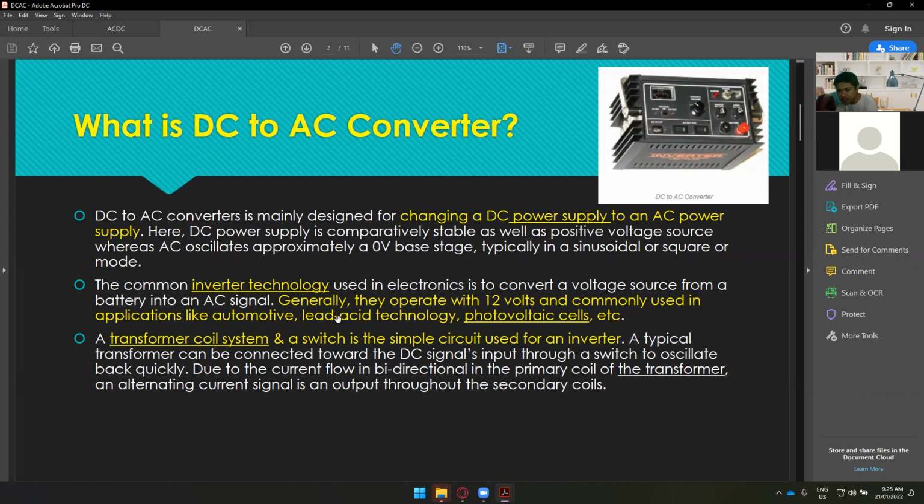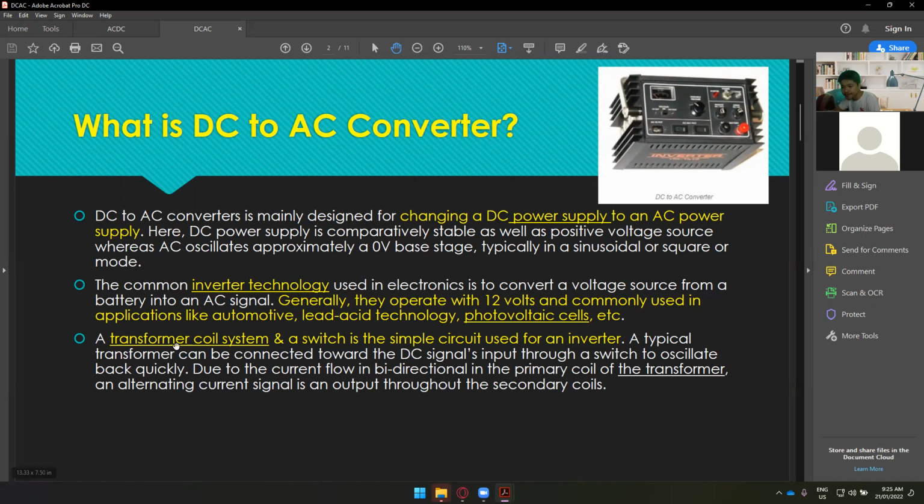Mostly that is where we use DC to AC. It's coming from the battery of our car, and then it will be converted into an AC, let's say 120 volts AC, or 200 volts, depending on how much energy you need.